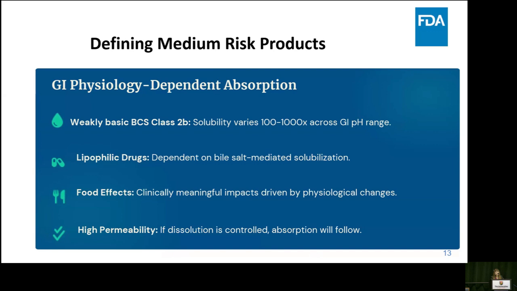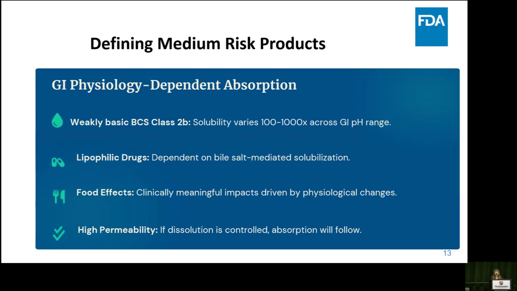So the scientific basis for medium risk drug products is that those products have high or moderate permeability, but their in vivo dissolution is meaningfully impacted by the GI condition. For example, for a weak base BCS class 2B compound, the solubility change from the stomach to the intestine may be the key risk driver.